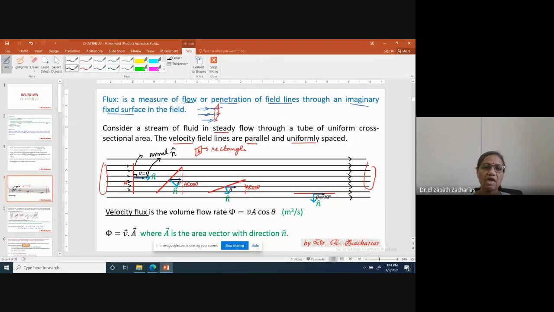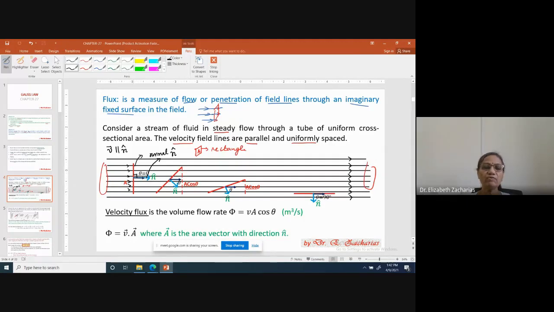And you are going to see here that the velocity is parallel to n cap. I hope you understood what n cap is. N cap is a normal that you are drawing. If I draw a unit vector normal to the surface, that is called n cap. And you can straight away see that the velocity vector and n cap are parallel to each other.